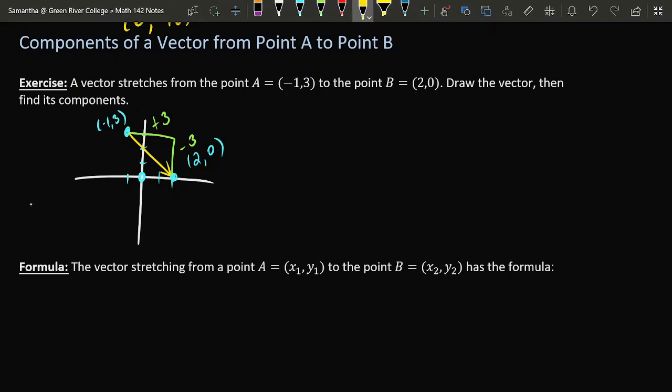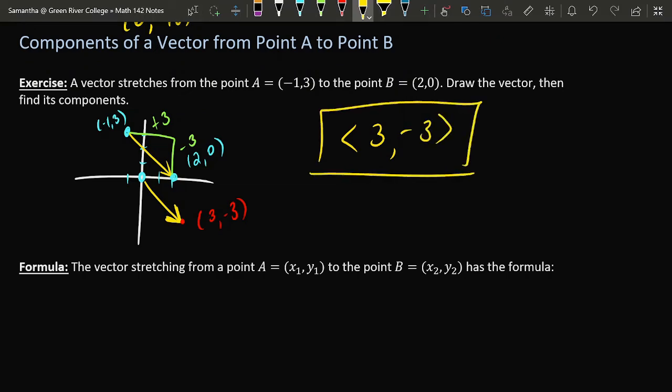So if I recreate those instructions, but starting from the point 0, 0, this time I am brought to the location +3, -3. So the component form of this vector representing this movement would be +3 for the x component and -3 for the y component in angle brackets.